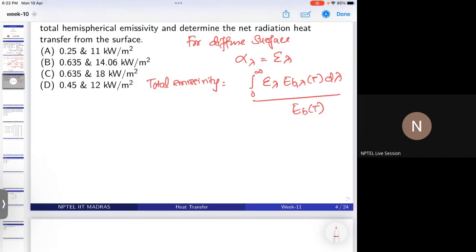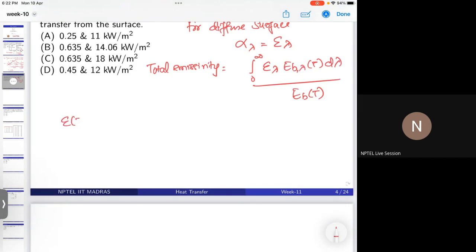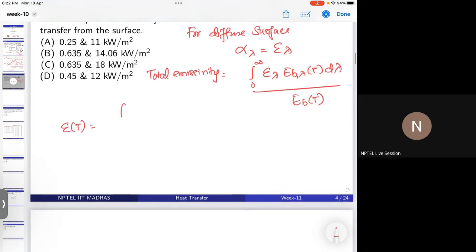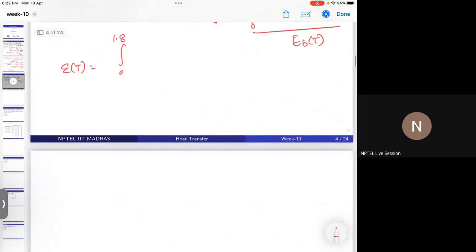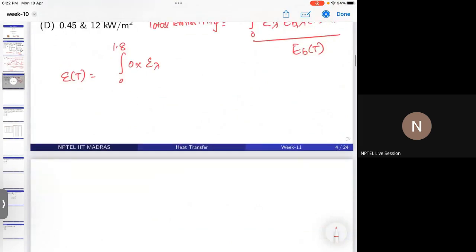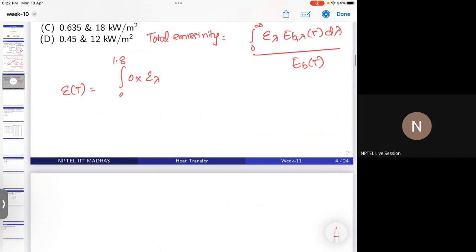So E_b at that temperature is equal to integral 0 to 1.8, because up to 1.8 the emissivity is 0, into epsilon lambda, sorry, and from 1.8 to infinity it is 0.7.